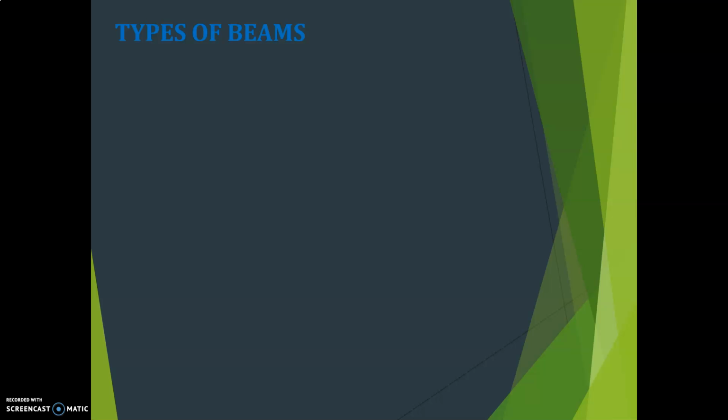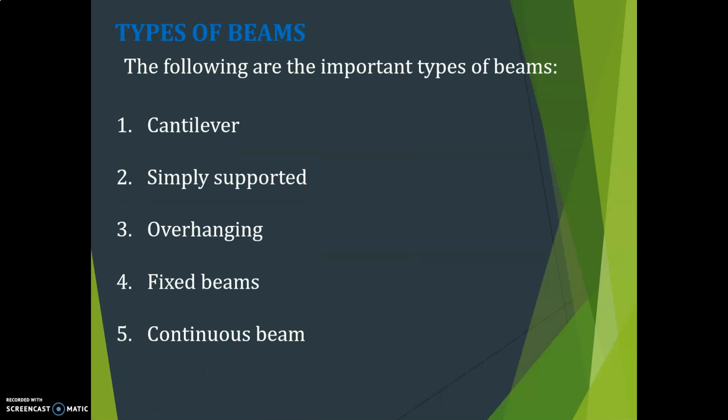Okay, that is one category, and it may be a horizontal, vertical or inclined beam. Then also statically determinate and statically indeterminate beams, and there are other types, that is cantilever beam, simply supported beam, overhanging beam, fixed beam, and continuous beam.